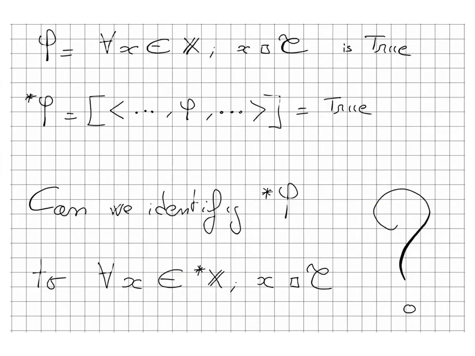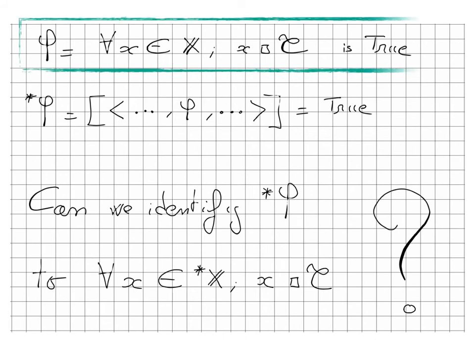Let us now move on to another statement, φ, which we assume to be true. For all x in the set X, x relates to τ, where τ is a constant. Let me now define *φ as the equivalence class of the constant sequence φ, which obviously is true.